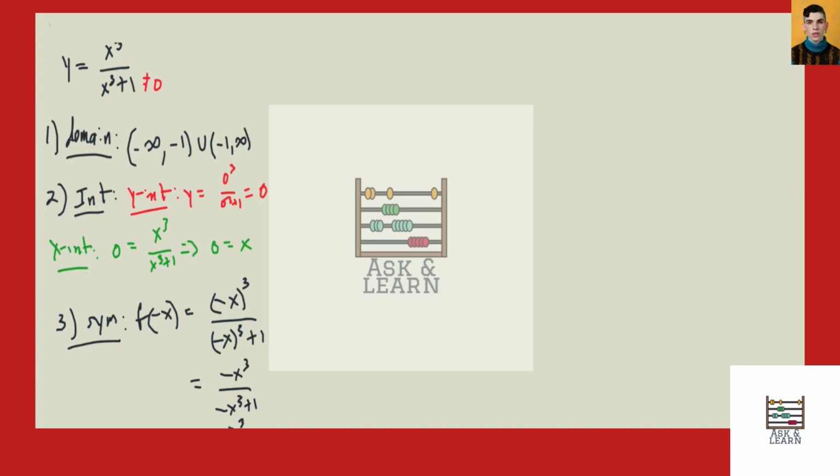So this here is neither f of x nor is it equal to negative f of x. And so due to that, we know we're going to have no symmetry, or at least no symmetry along the y-axis or about the origin.